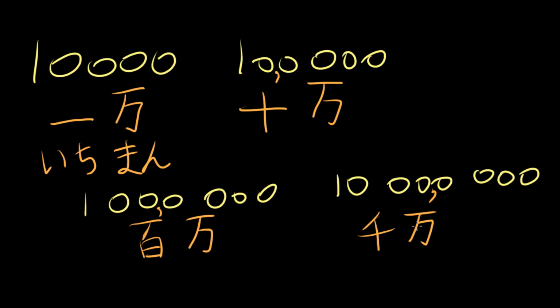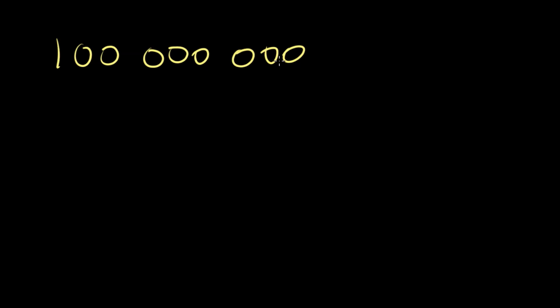Right. And now we're going to get onto a new character, which is the next step up. So what's that, 100 million? It's like 10,000 10,000s, isn't it? So 100 million has its own character.